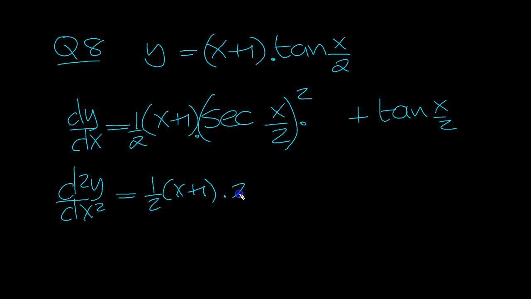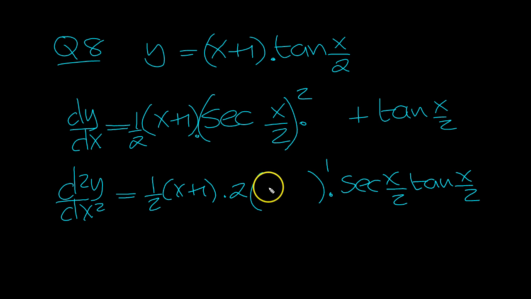This would be 2 times the something to the 1 multiplied by the something differentiated.